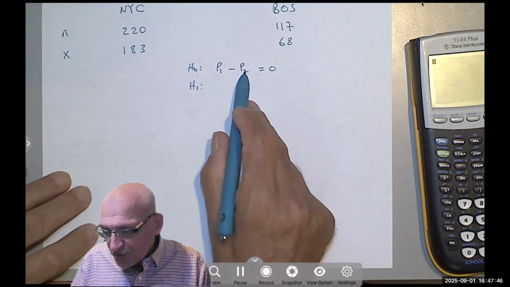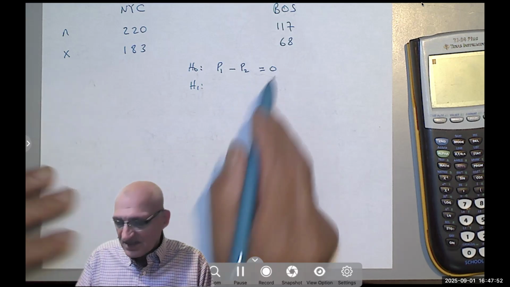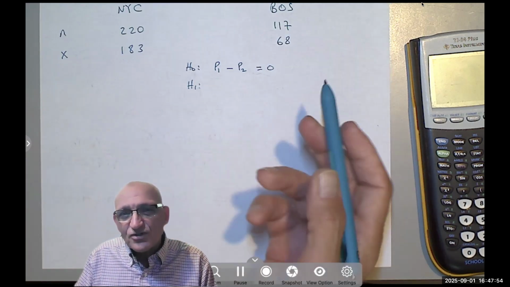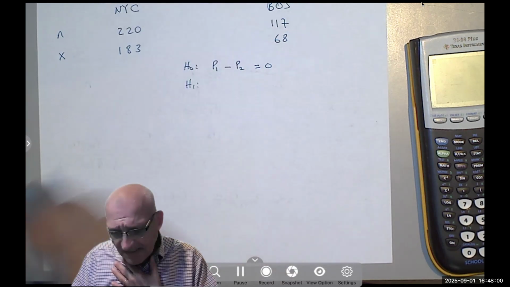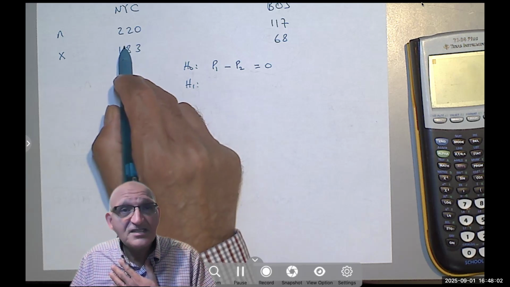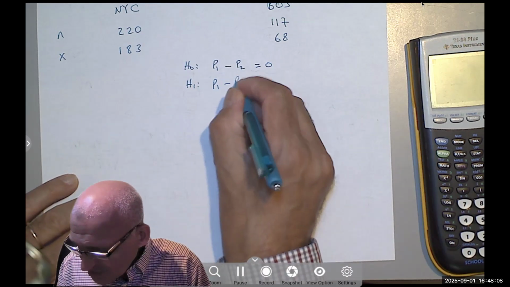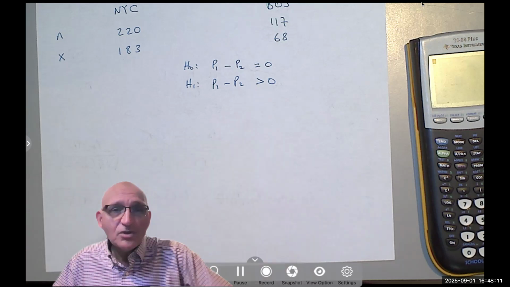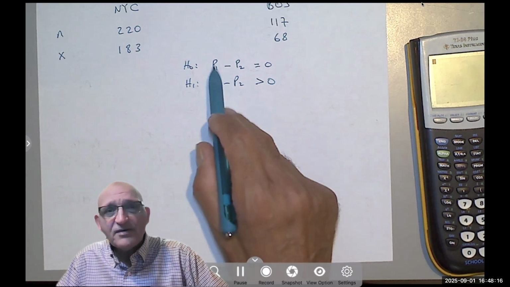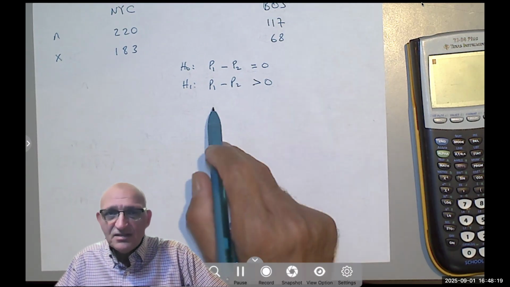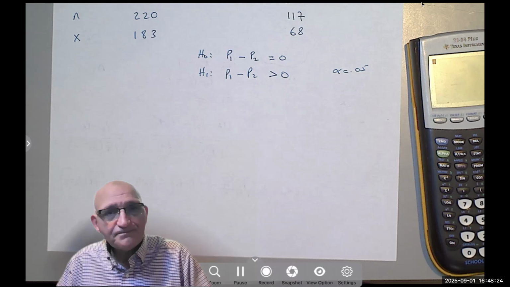So I want to see if P2 is less than P1, or P2 minus P1 is less than zero. But since we wrote P1 first, it's the same as saying, is there compelling evidence that people in New York City who are wearing seat belts are way more than those? So I can say P1 minus P2 is greater than zero. That's what I want to check. Or I could have said P2 minus P1 is less than zero, but since I started by writing P1 minus P2, I would write this P1 minus P2. It makes more sense. And let's check at alpha equals 0.05.